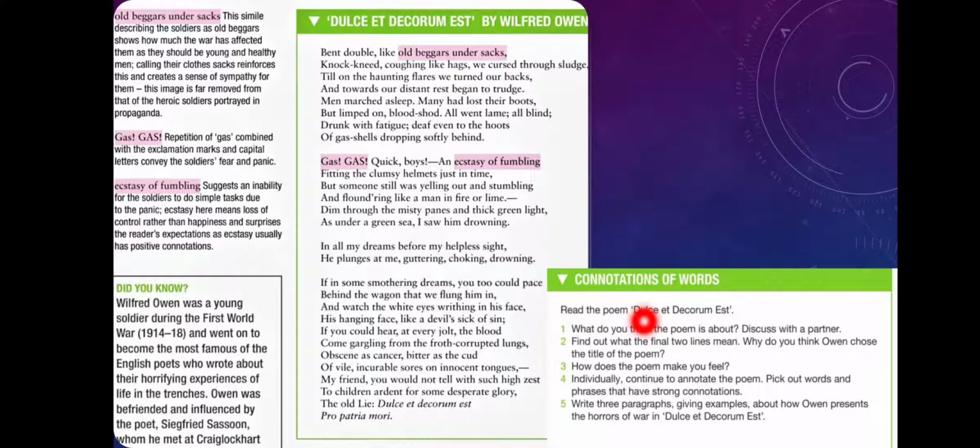So, as for the 5th question, I don't want you to go through it. I just want you to answer 1, 2, 3, 4. Forget about the last question, which is number 5. It has nothing to do with today's main objective.